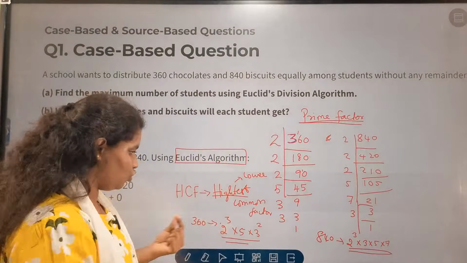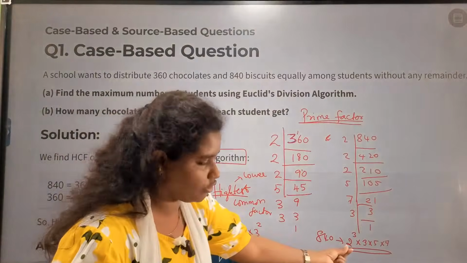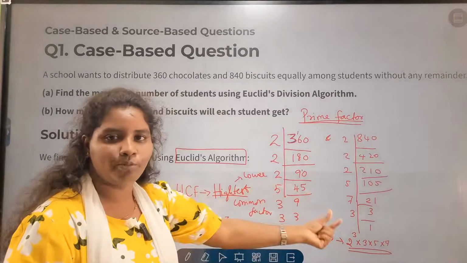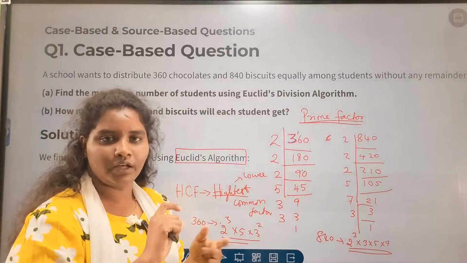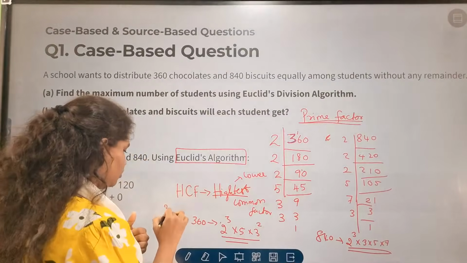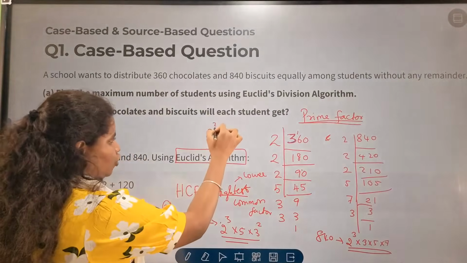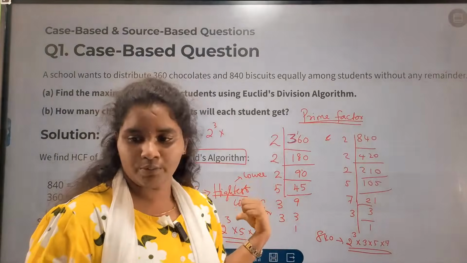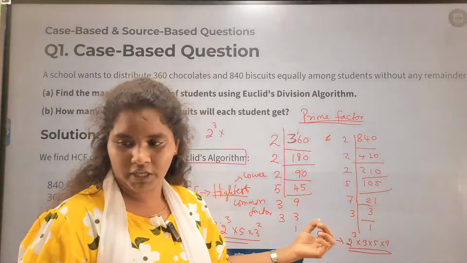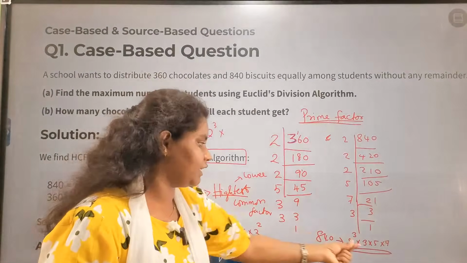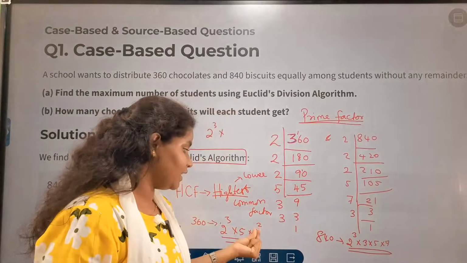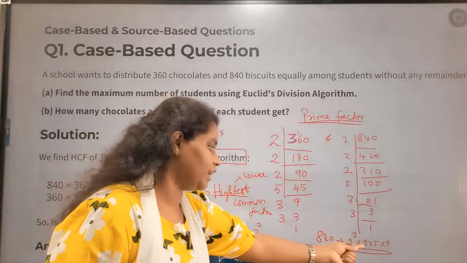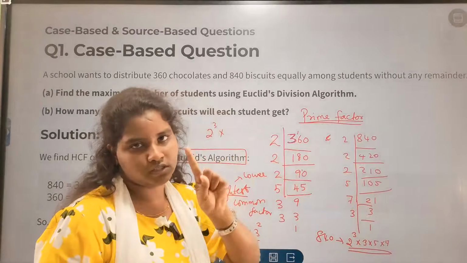So here we have 2 cube, and here also we have 2 cube. So 2 cube and 2 cube, the power is equal, which is 3. So I'm going to take 2 cube into, and if I check the number 3, in both values we have 3. The power of 3 here is 2, and here the power of 3 is 1.